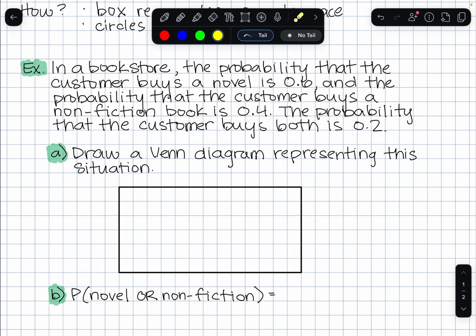And we are told in the very last sentence, the probability the customer buys both is 0.2. So there is overlap between purchasers of novels and purchasers of nonfiction. So the circles that I draw for those two events should overlap.